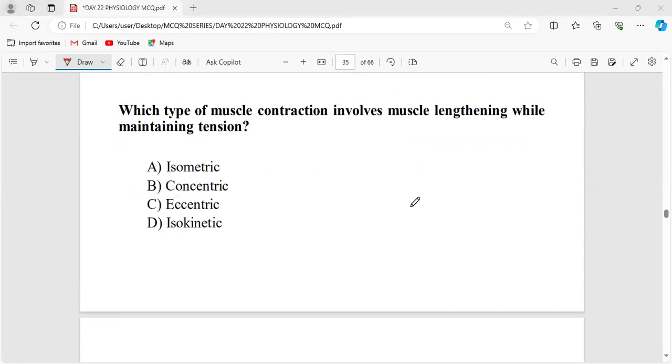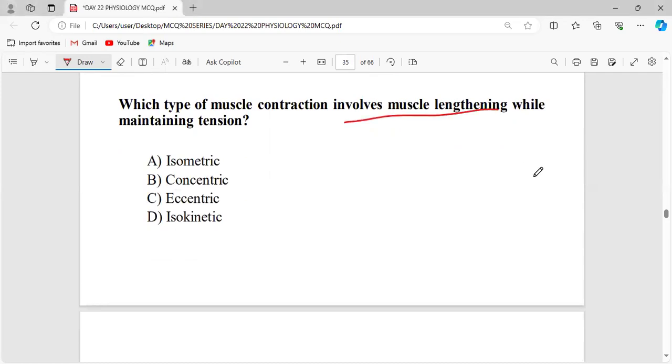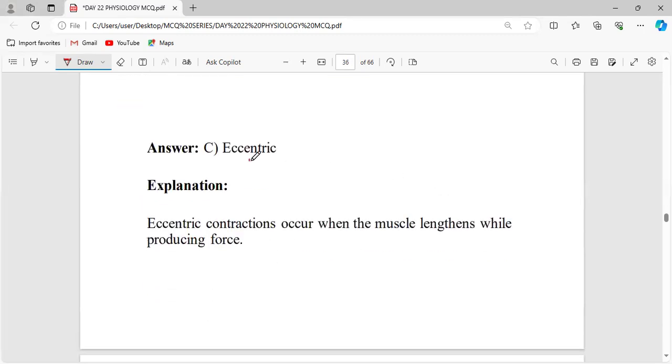Now, which type of muscle contraction involves a muscle lengthening while maintaining tension? That will be the eccentric.